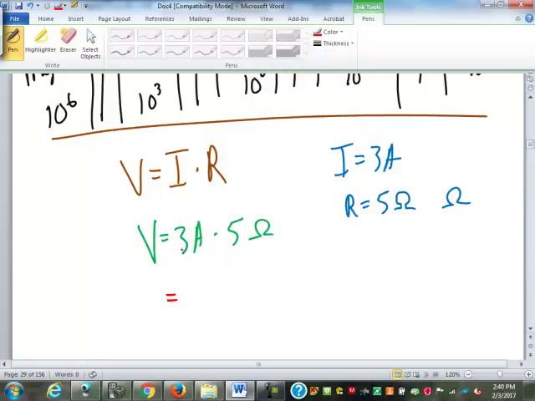We multiply the counts. 3 times 5 is 15, but we also multiply the names. An amp times an ohm, an ohm is defined to be a volt. So our voltage is 15 volts.